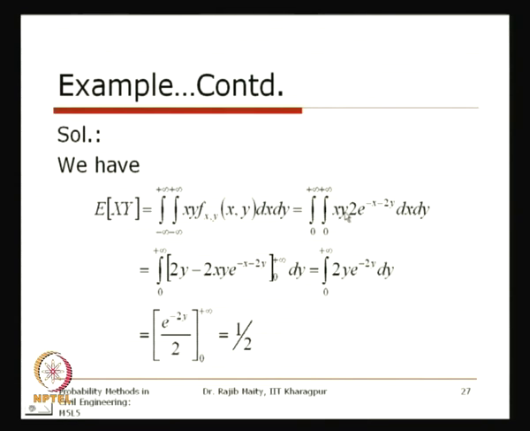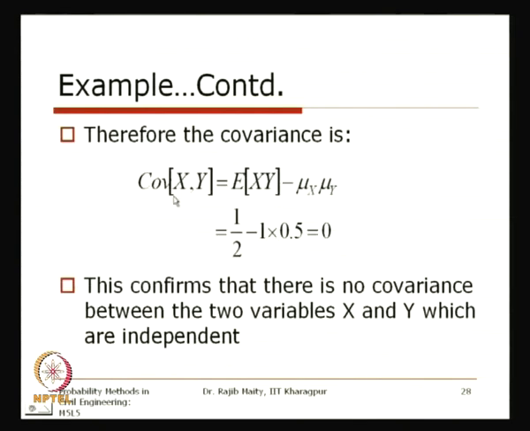After doing a few steps for this integration, we see that this expectation of x y is equal to half, that is 1 by 2. Now, if we take this into the expression of the covariance, that is covariance of x comma y, which is E of x y minus mu x mu y.